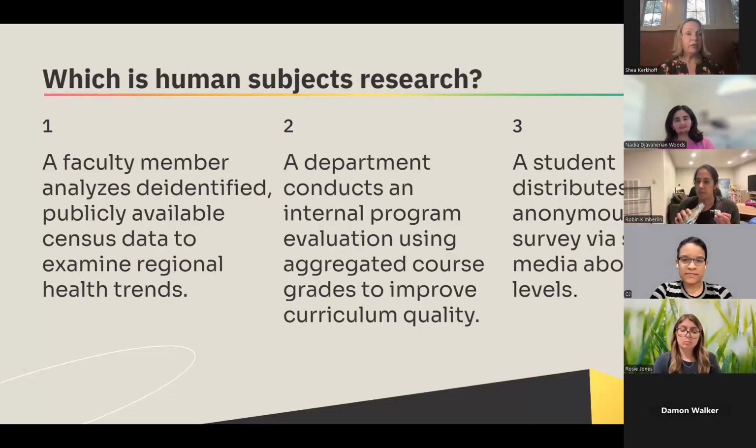Let's say you asked for their telephone number. Well, then it's not anonymous anymore because that identifies the person. So even though your intent is anonymous, doesn't mean it actually is. That is what the IRB process is for, to make sure that what your intention is what you're actually doing, and that the way you're saying your participants will be protected actually will be protected.